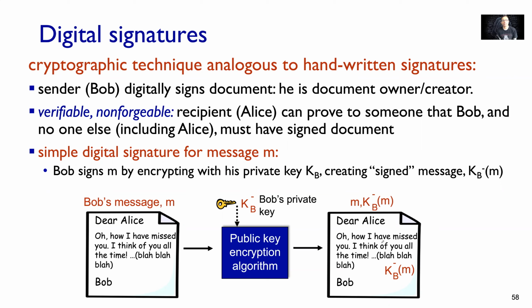We want to make sure that the person who's actually signing the document is the actual person. So in other words, nobody should be able to send you a signed document claiming it came from me, right? Because you are not me, right? I am me.